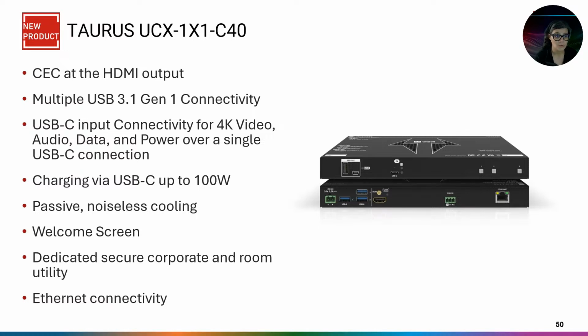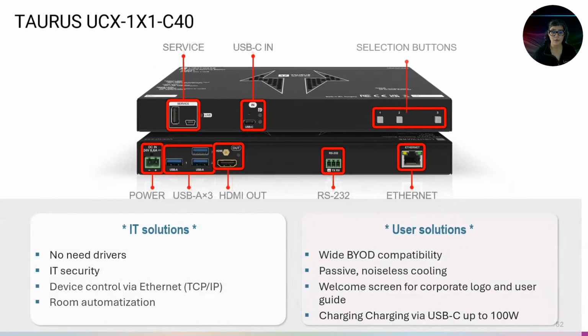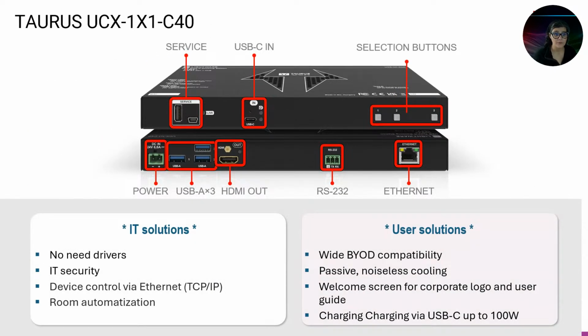It's passive. It's noiseless. It's giving you the same features that our other Tauruses are, like the welcome screen and dedicated secure corporate and room utility if you need to have that monitoring going out, and Ethernet connectivity. So again, we're calling it our smart dock.